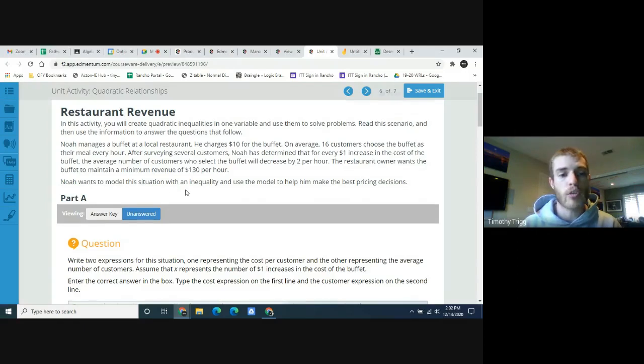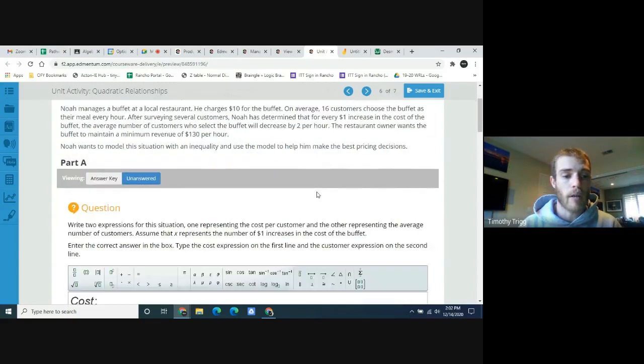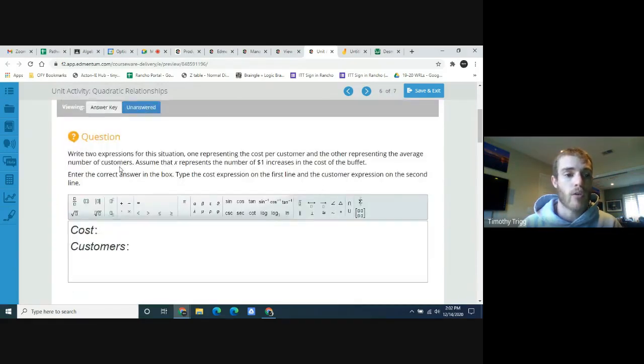Noah wants to model the situation with an inequality and use the model to help him make the best pricing decisions. Okay, so write two expressions for this situation, one representing the cost per customer and the other representing the average number of customers. Assume that x represents the number of $1 increases in the cost of the buffet.